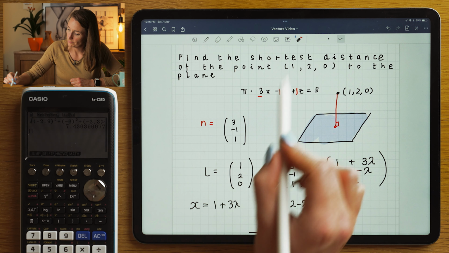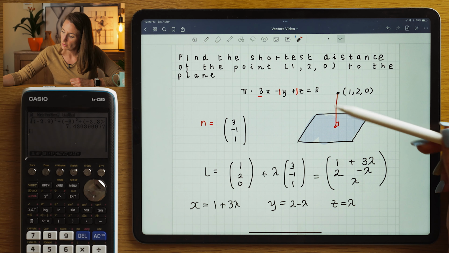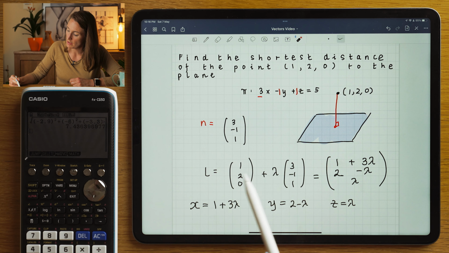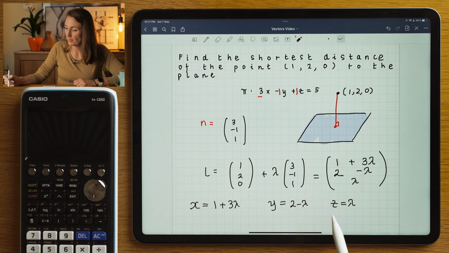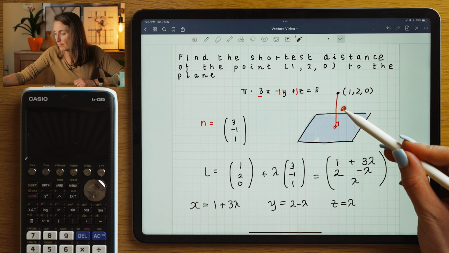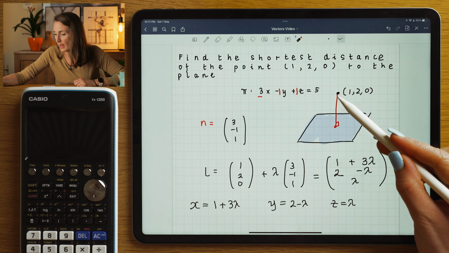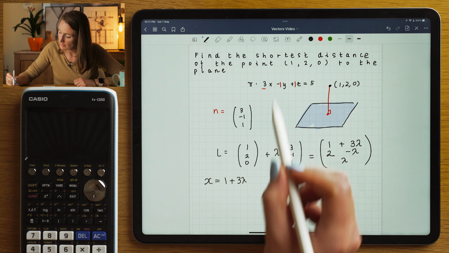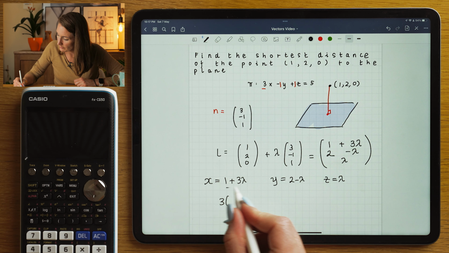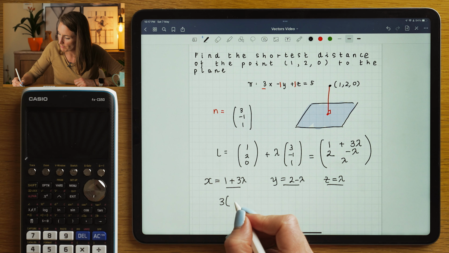Okay, so I found the equation of my normal. I used that as my direction vector. I found out what a general point on the line would be. Okay, and I'm going to find out which value of lambda will allow me to intersect here with my plane by subbing in these equations into my plane.